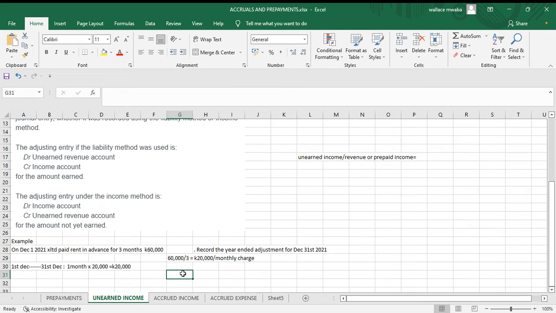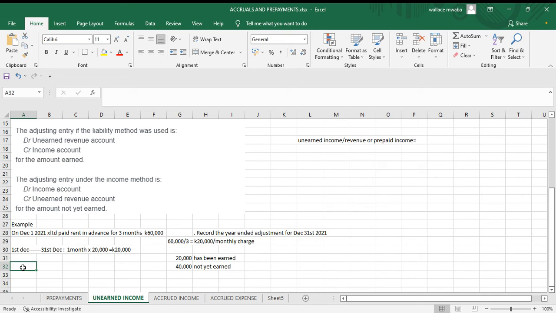So 60,000 minus 20,000 is 40,000. So 20,000 has been earned and 40,000 is not yet earned. Now we're going to use the liability method, where we're focusing on the amount earned.